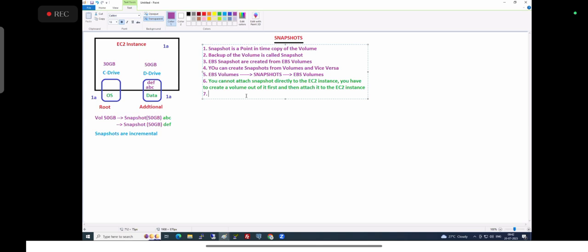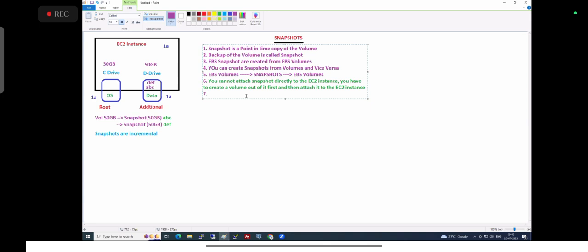Your responsibility to take the backup. Did I tell you to take the backup of the whole volume? I told you to take the backup of your documents somewhere. I'm not talking about the volume. When I'm talking about the volume, snapshot is the concept. In ISV, at the data level, you have to take care. Okay? That is your answer.